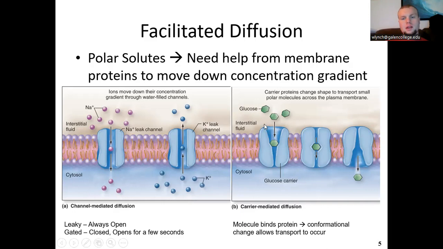Transporter will open, it will conformationally change and be able to bind to glucose molecules in the extracellular environment. Once it does, it will pull those glucose molecules through the channel and will open into the intracellular space. So you can see with glucose not present, the top of the channel is closed. If glucose is present, we have opening of the top of the channel and movement of molecules through.